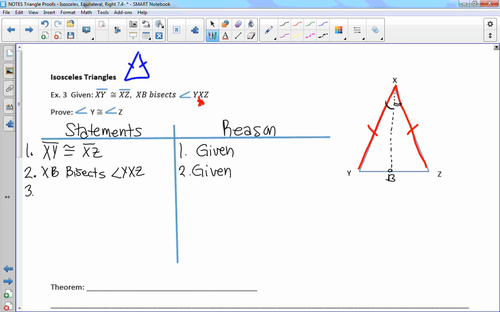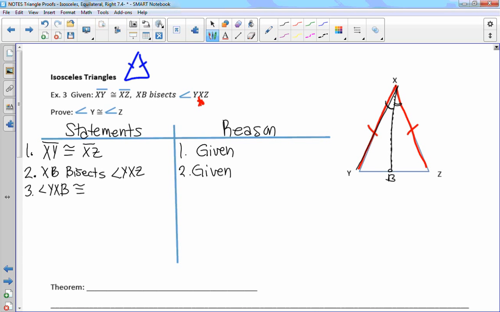So, definition of a bisector. Now we can't call both of these angle X's. So to be more specific, what can we call that first angle? YXB. Angle YXB. Make sure the X is in the middle. It is congruent to the other angle.